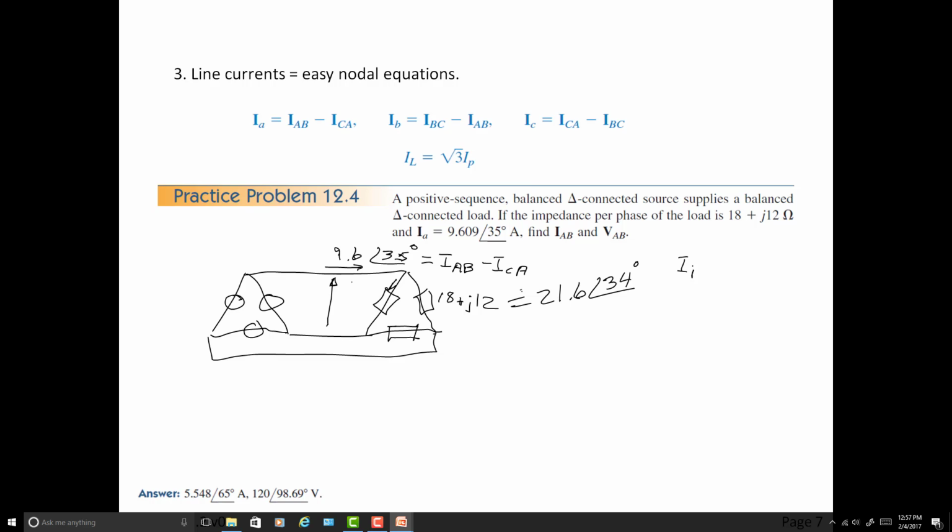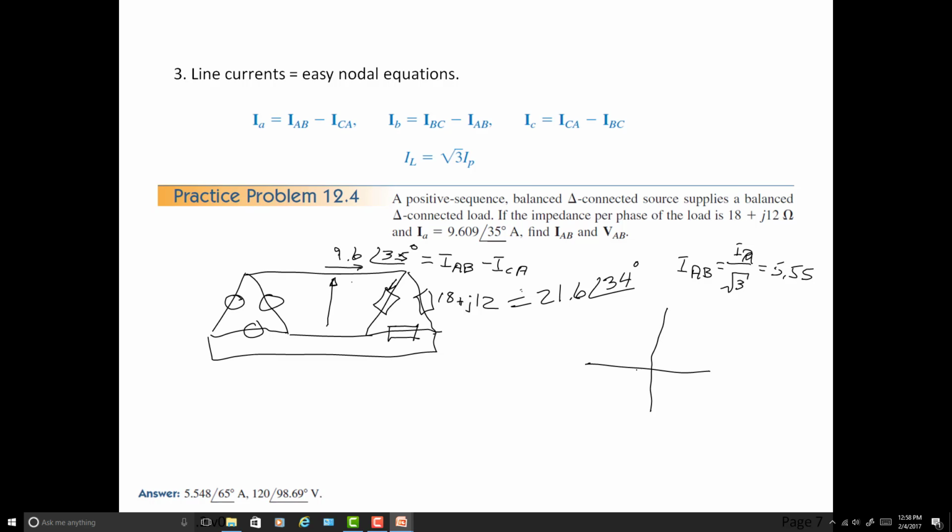We also know that the magnitude of IAB is going to be I phase, which is I line over the square root of 3, and in this case I line is IA. So that's going to be equal to 5.55, something like that. So we have that much already. All we really need to get straight now is the angle.